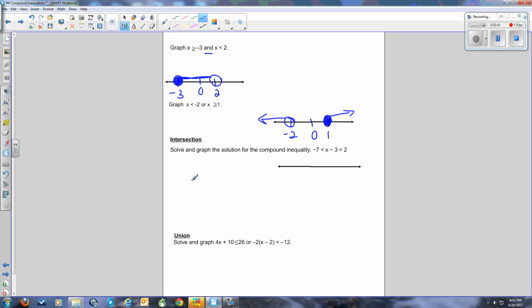Okay, so here's another example. We have -7 is less than x minus 3, which is less than 2. And we want to solve this compound inequality for x, and then graph our solution.